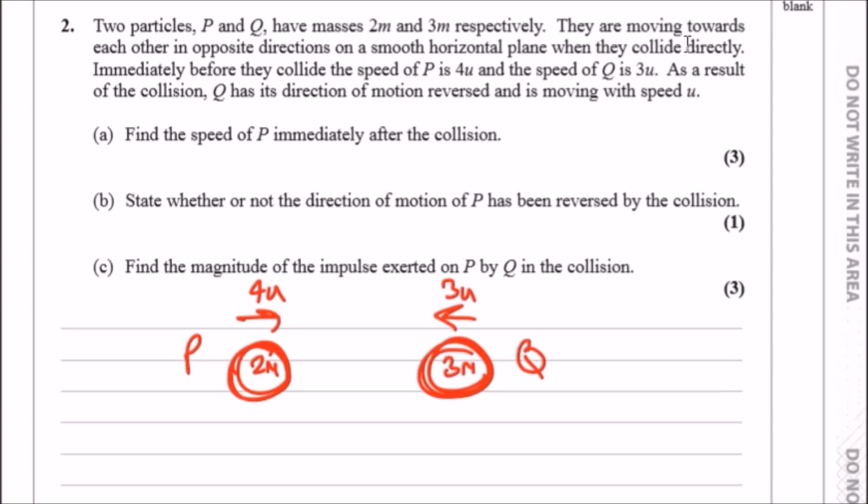Now, after they collide, Q has its direction of motion reversed and is moving with speed u. So this means Q is now going here. So we can call this speed u. Now, they want us to find the speed of P here.